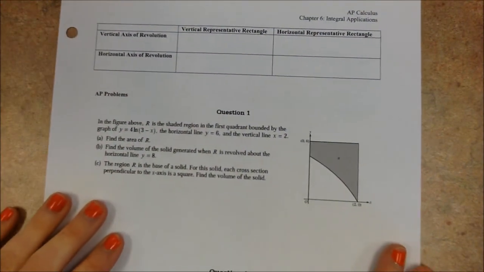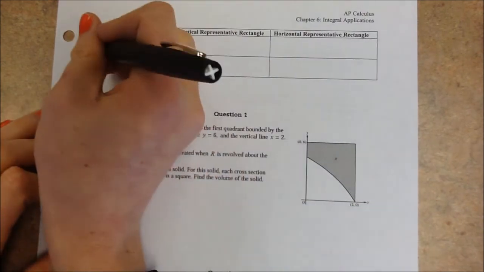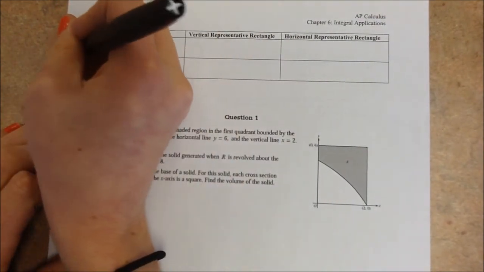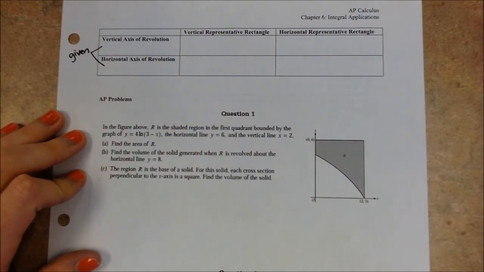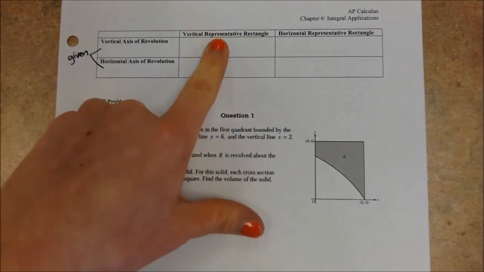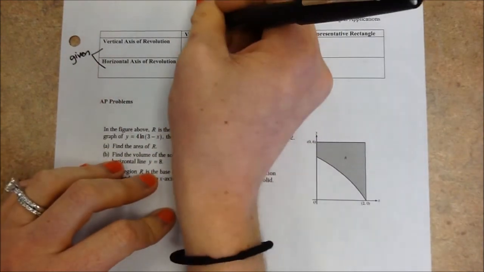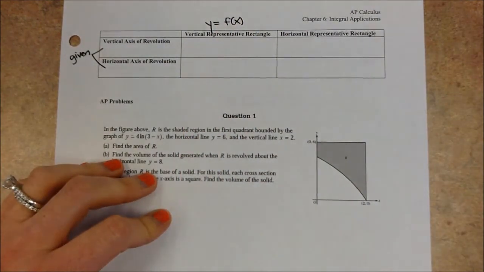All right, last little thing here is we have this chart that I'm going to have you fill out that basically just summarizes all the things that I just said. So say we have a vertical axis, which is given to you. This part right here is always going to be given to you. You are never ever going to choose which axis you're going to revolve around. You'll notice the past several days it's been handed to you every time. The vertical representative rectangle, that's if you have a function of x, aka you have y equals and then a whole bunch of x stuff.